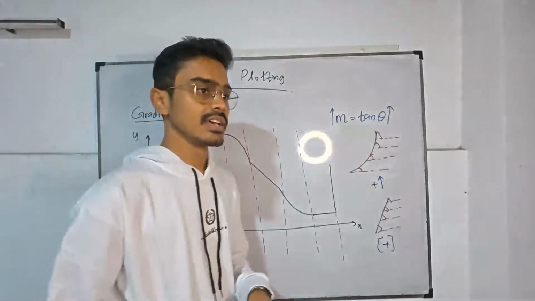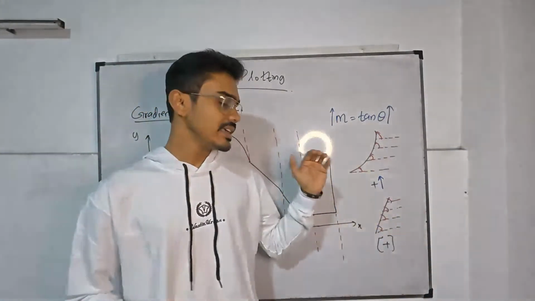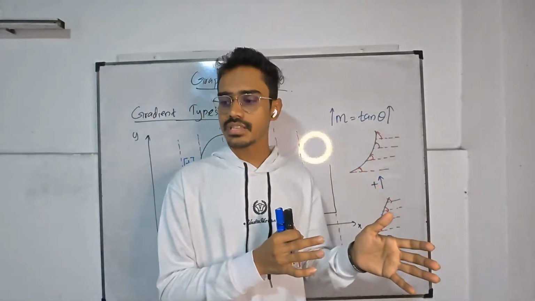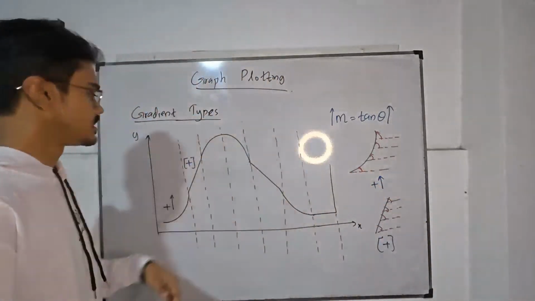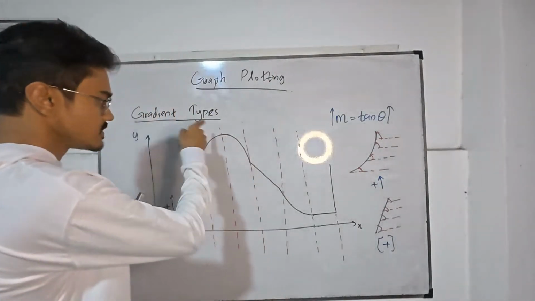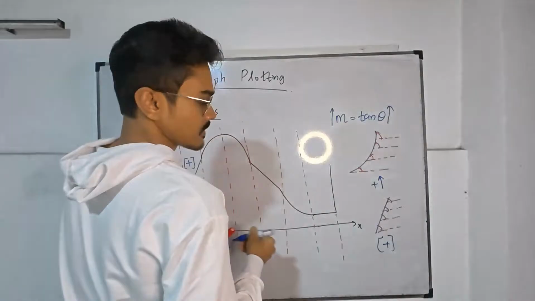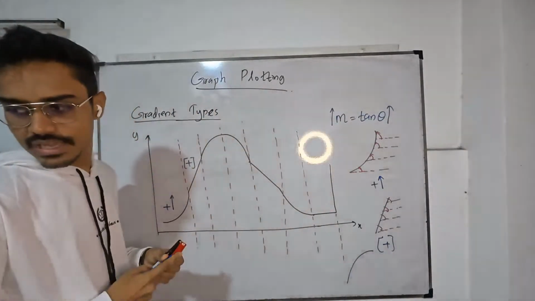So likewise, we can check the angle for each and every section of these curves and check out the gradient types, right? Now, if I check the third shape, look here. The shape is like this.